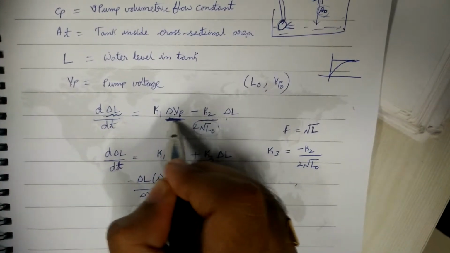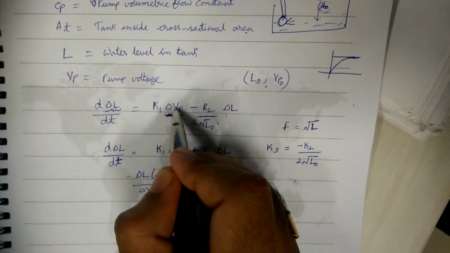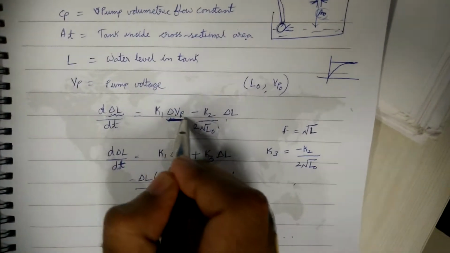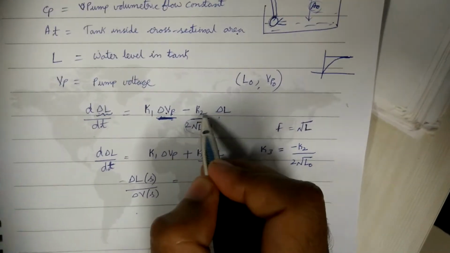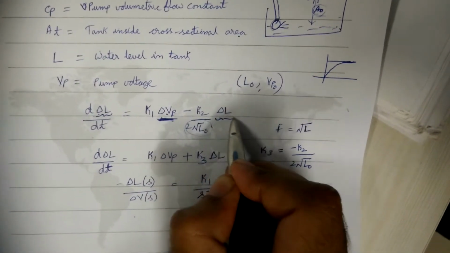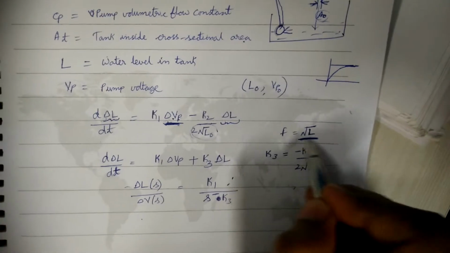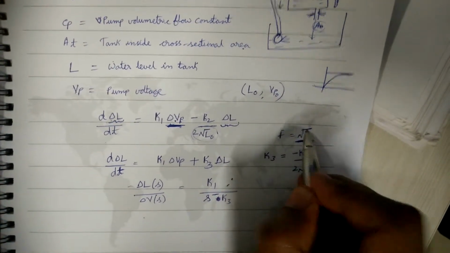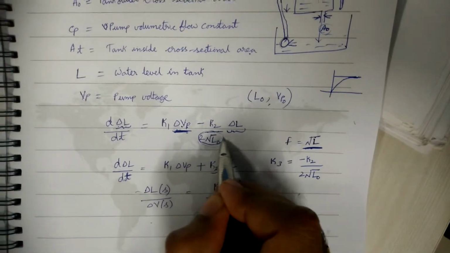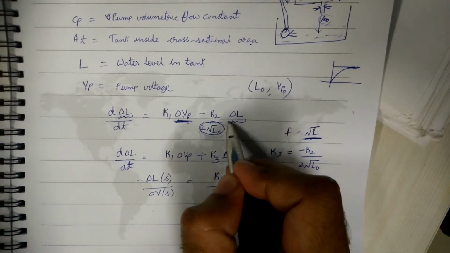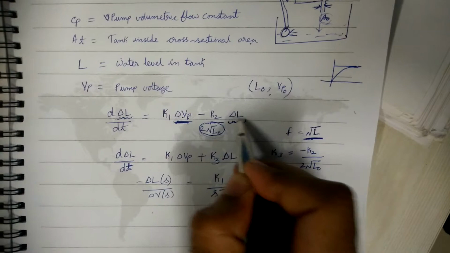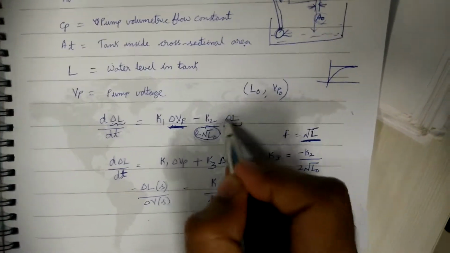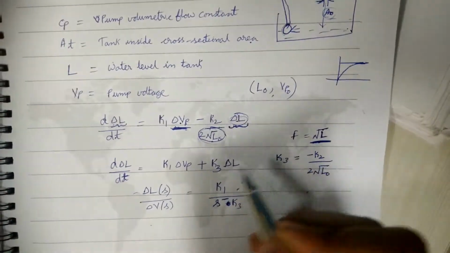There are no nonlinear terms associated with this term, so we will retain it as it is. But wherever a nonlinear term is associated, root L, we will find its derivative and substitute at that particular operating point, and we will make this delta L. Only then can it be made delta L.